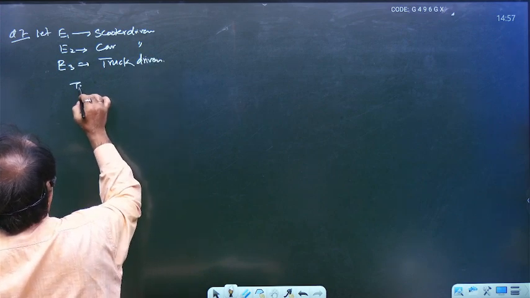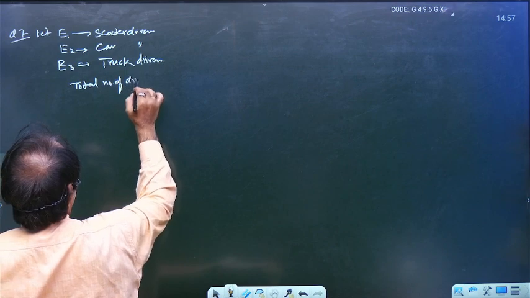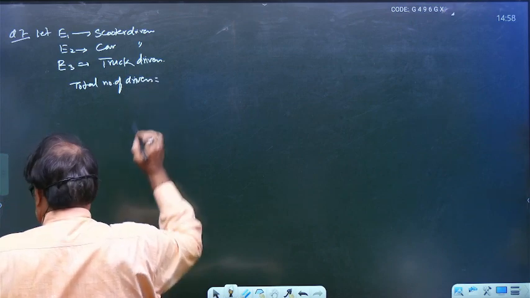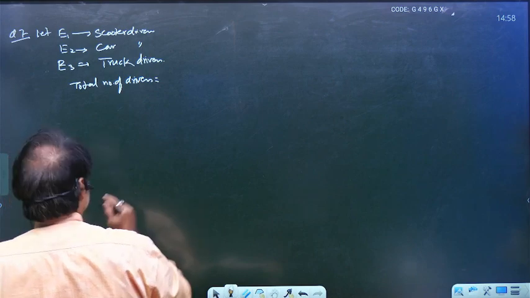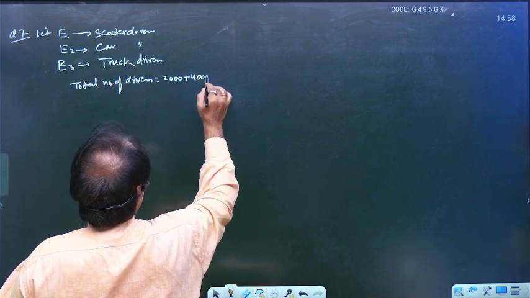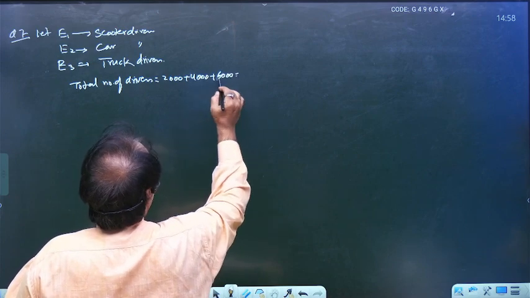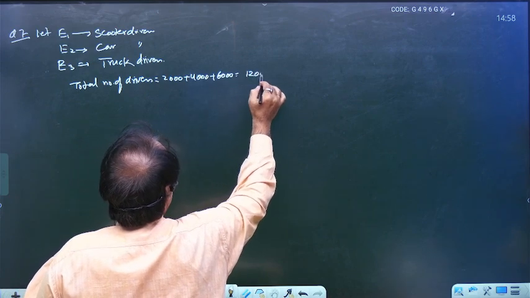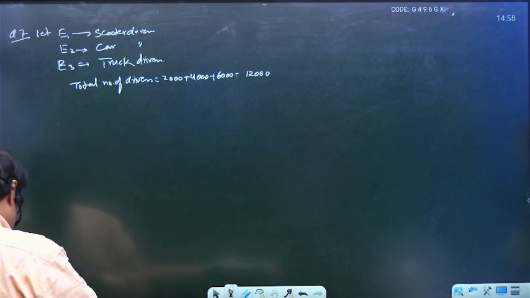So the total number of drivers is equal to 2,000 plus 4,000 plus 6,000, that is equal to 12,000. Am I right? 12,000.